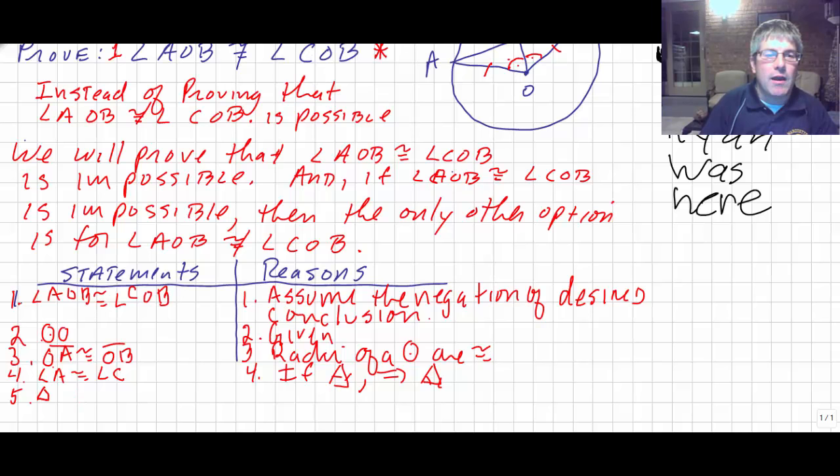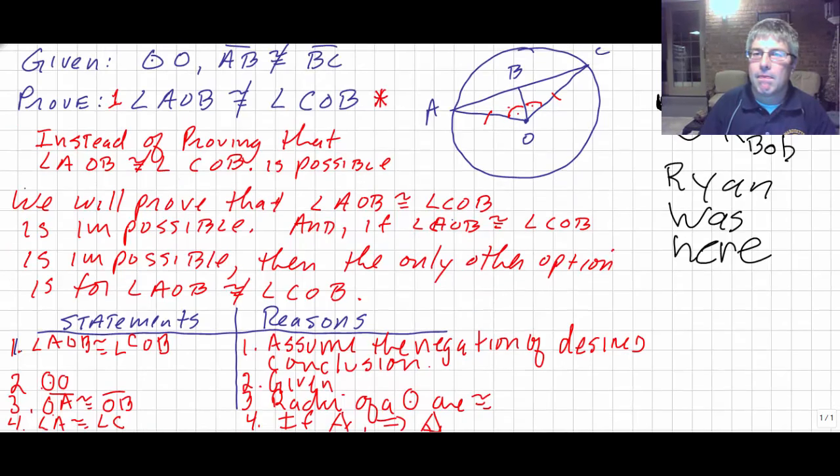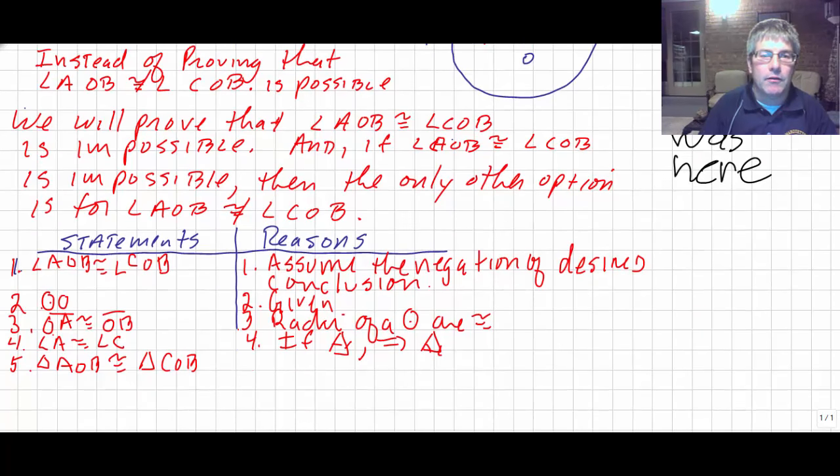So I've got triangle AOB is congruent to triangle COB. Yes, I have my letters right. And that was angle side angle, steps 1, 3, and 4.